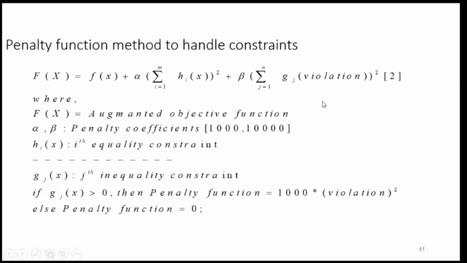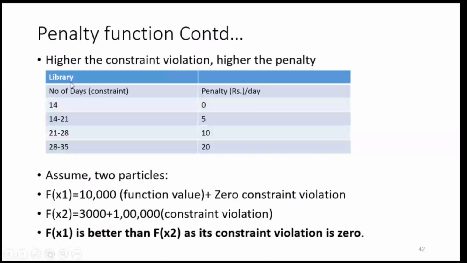Now you are familiar with the case of the library, right? How to handle the constraint, that I want to highlight. In the case of the library, what is the constraint? I have tabulated the number of days and the penalty in this column. If you submit your book within 14 days, then the penalty is 0. If you submit your book within 14 to 21 days, the penalty is ₹5 per day.